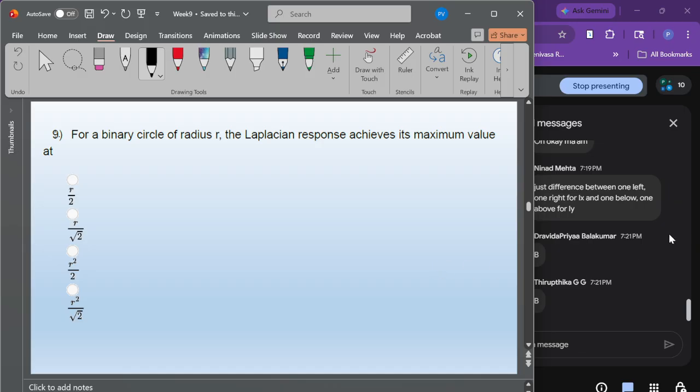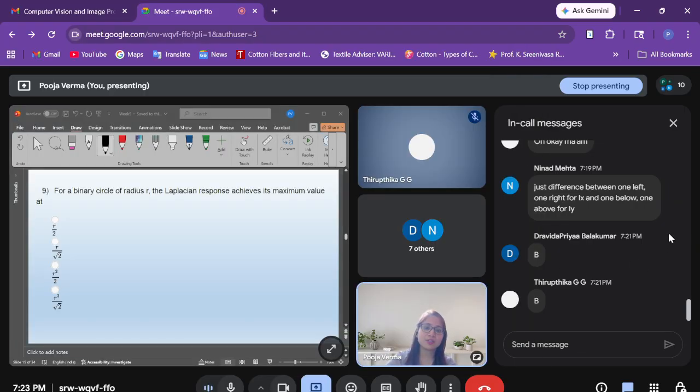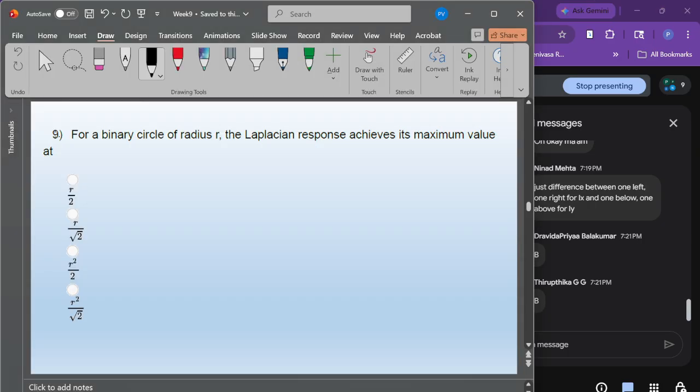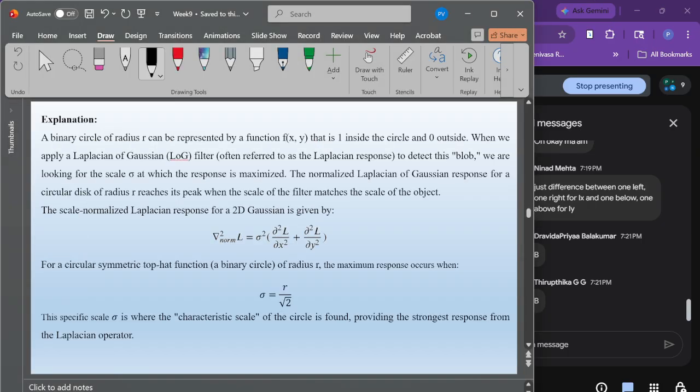At what value does the Laplacian response achieve the maximum? Would anyone like to answer this question? Okay, so nobody is interested. So we will see it in detail here.